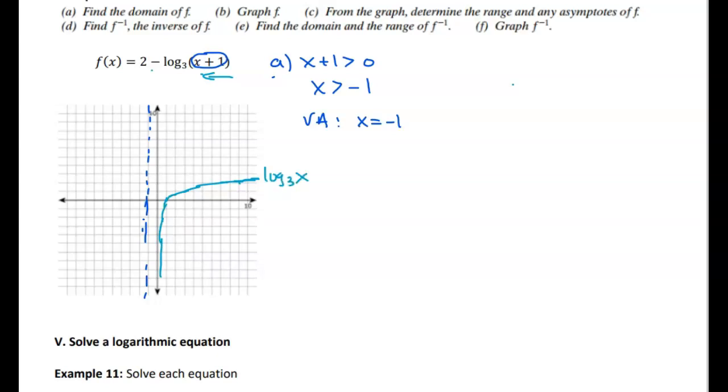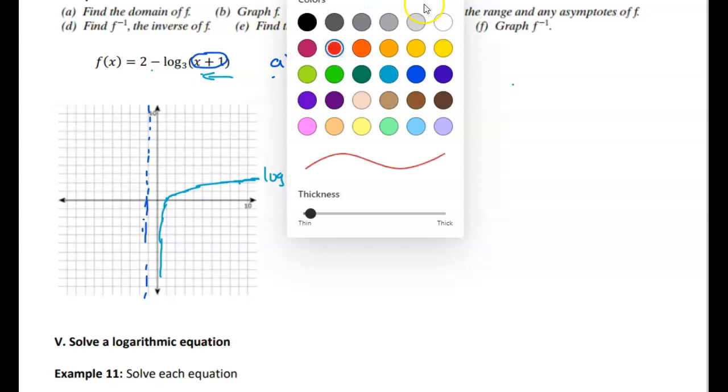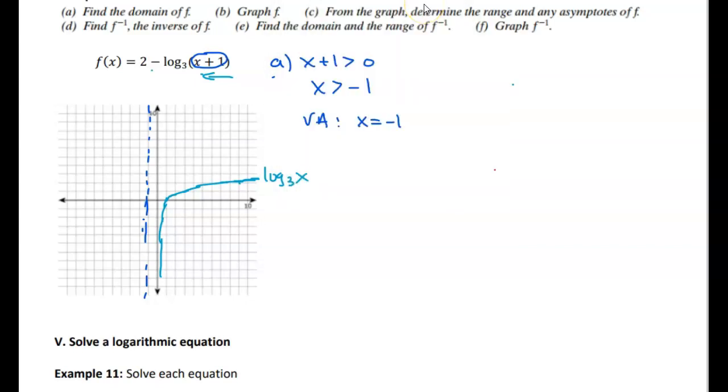Right? Then the minus means that it's going to be reflected across the y-axis. So it stays here, but then it goes to negative 1 and negative 2. So it's going to look like this. So this is negative log base 3 of x. Right? Then we want to shift it 1 unit to the right and 2 units up. Okay? So let's see, this point right here, which is 1, 0.